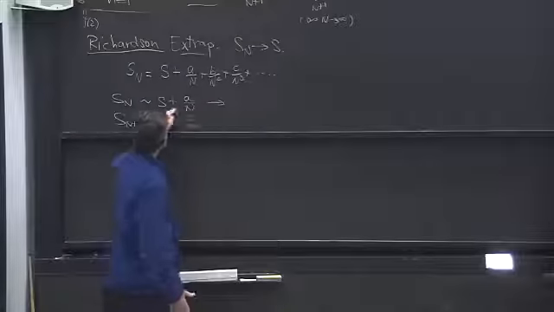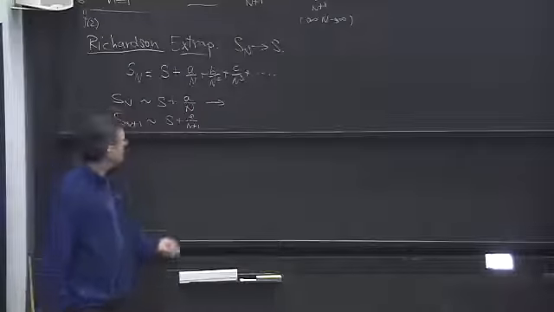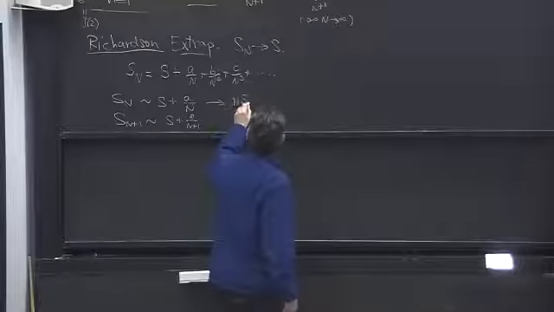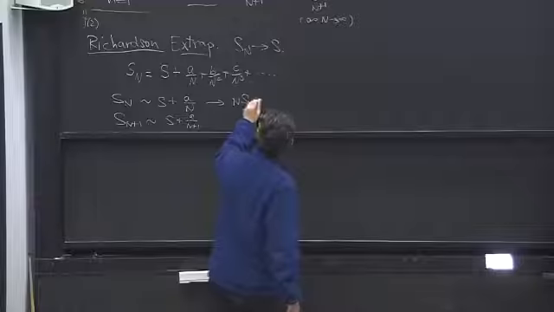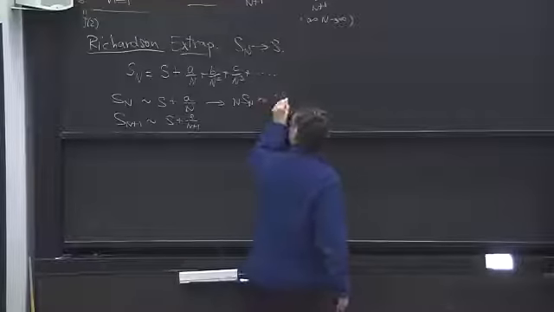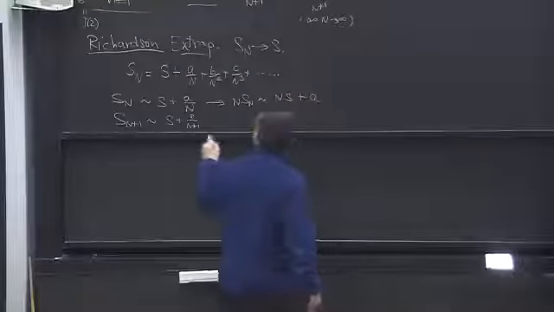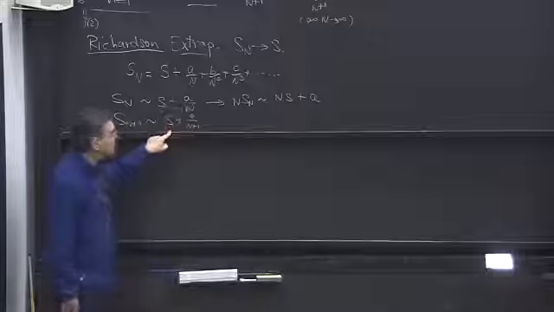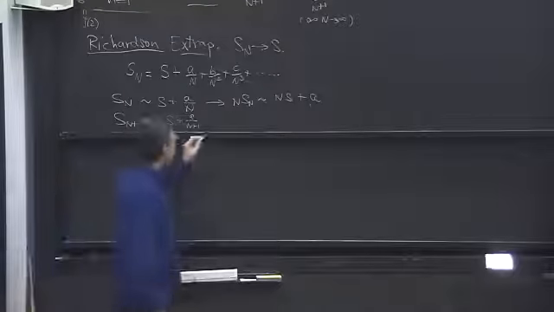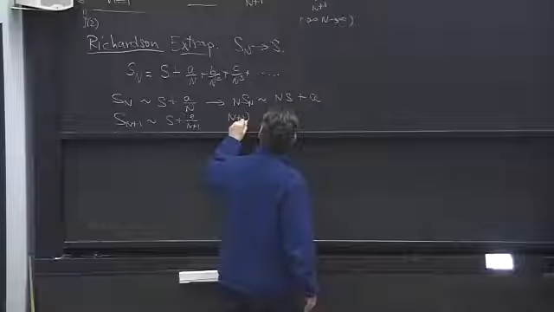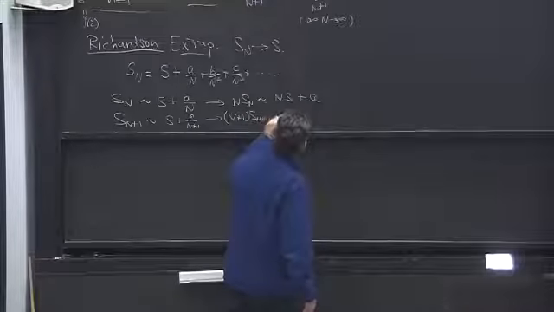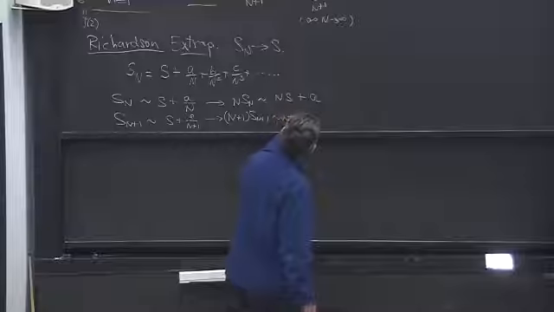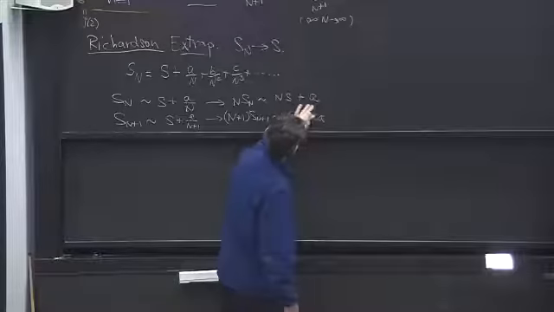Take this first equation and multiply by n. So that says that n Sn is approximately n times s plus a. And take the second equation and multiply it by n plus 1, and that gives you n plus 1 times Sn plus 1 is n plus 1 times s plus a.